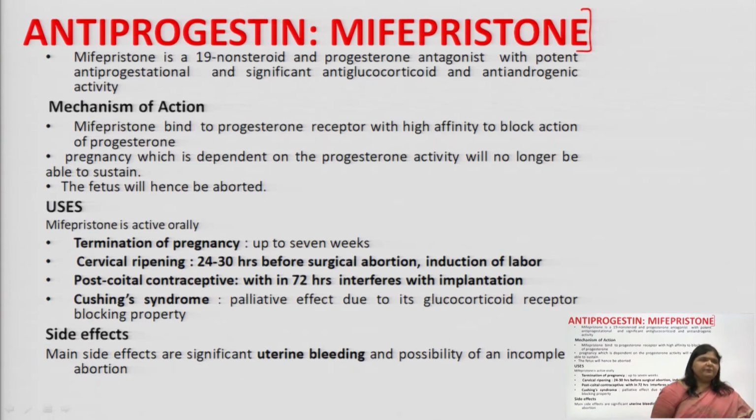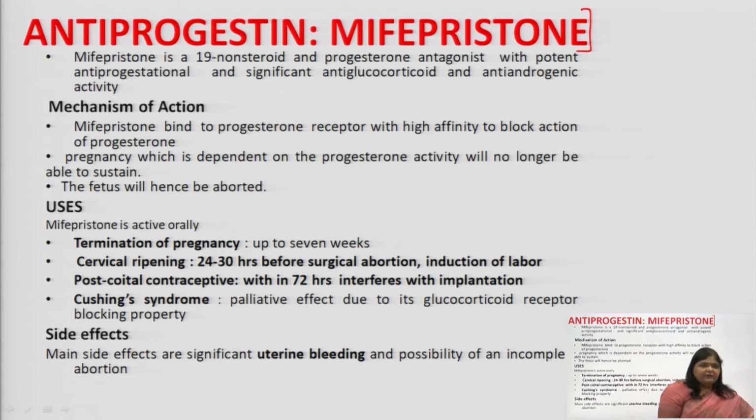So what is the mechanism? Mifepristone binds to the progesterone receptor. The affinity is very high and it blocks the action of progesterone. So it binds to the progesterone receptor and blocks the action of progesterone.